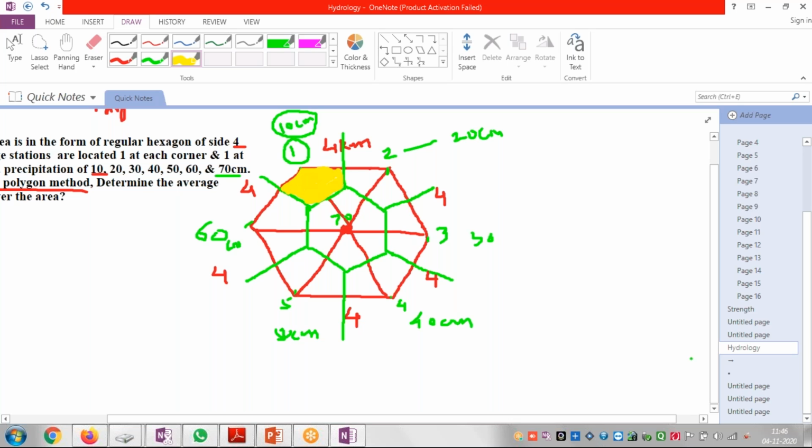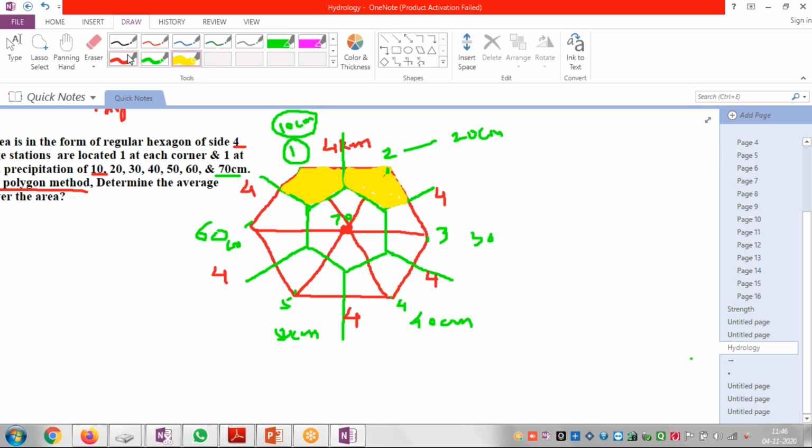Similarly, the rainfall at station 2 shows the rainfall in this area. Is it okay what I'm saying? And likewise, the rainfall at station 2 is showing the rainfall of this area, right?